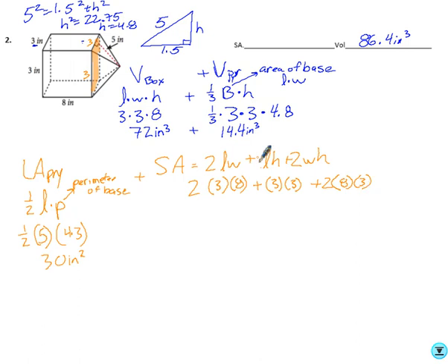Again, the reason that I got rid of this 2 here is because we're not including this second side. So when I multiply all of that together, I get a surface area of 105 inches squared. So remember, we're adding these two numbers together. So that gives us a surface area of 135 inches squared.